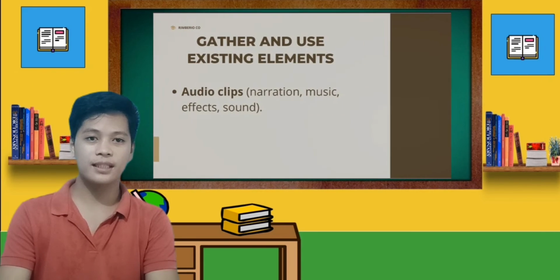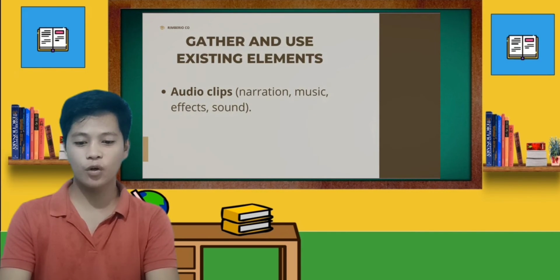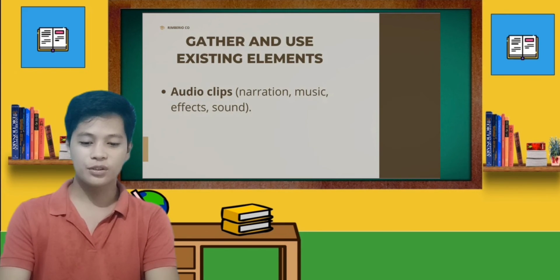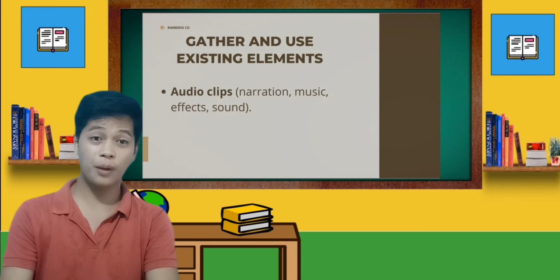Next is audio clips. There are teachers who release audio clips or send them via messenger. It is very important that if we are going to use music, it should be appropriate.